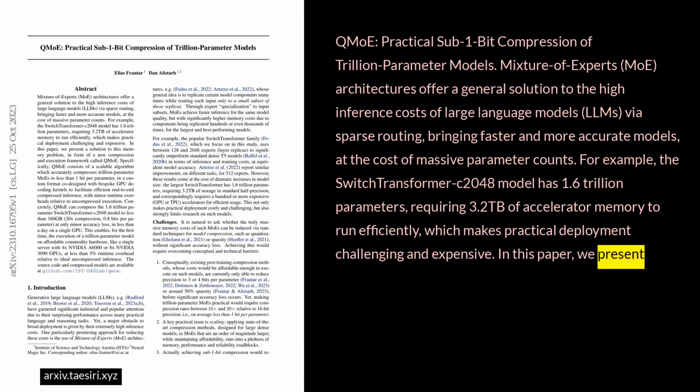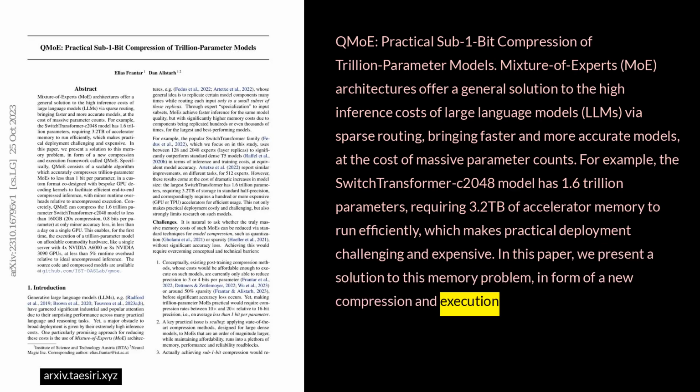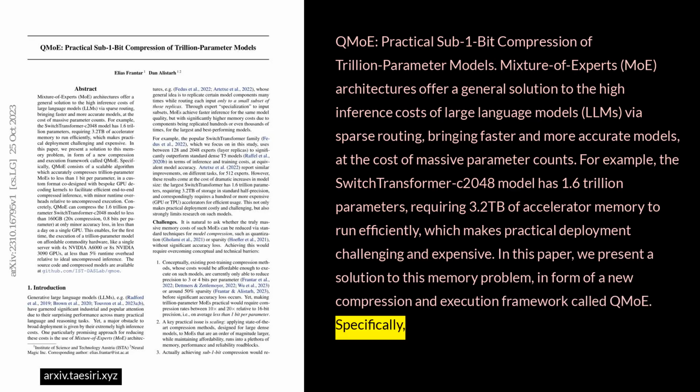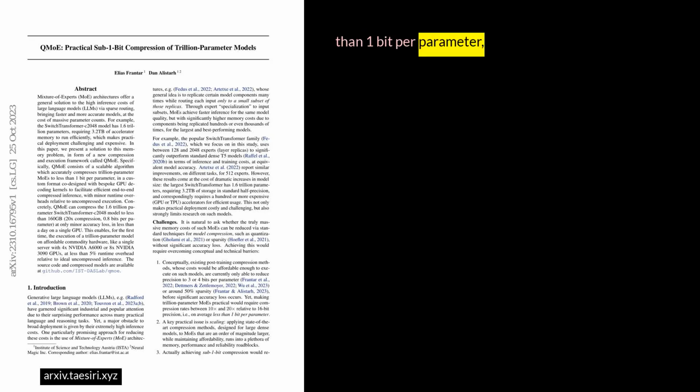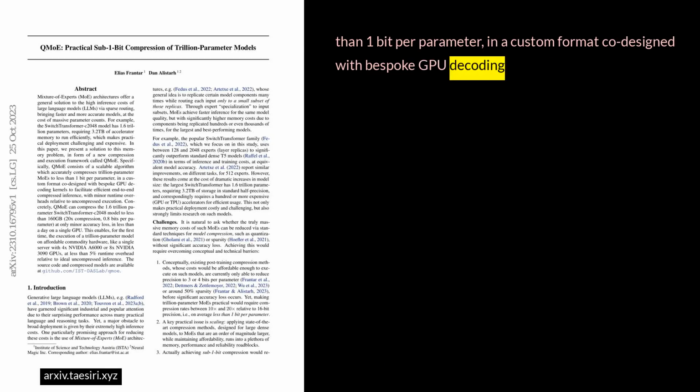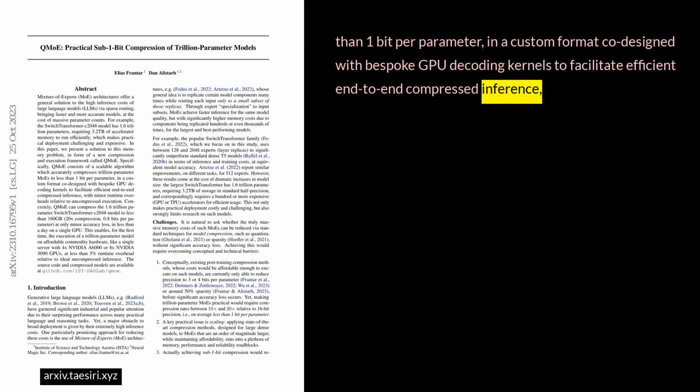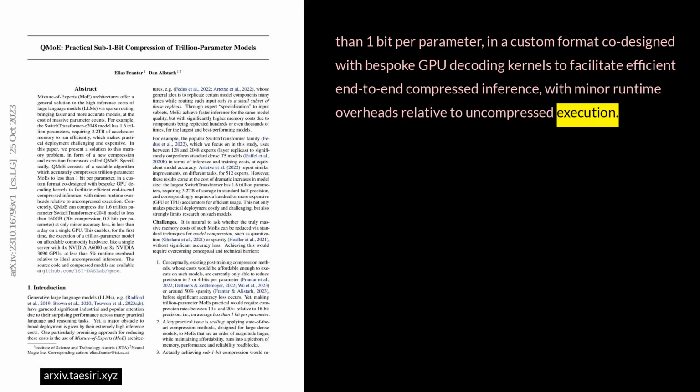In this paper, we present a solution to this memory problem in the form of a new compression and execution framework called QMoE. Specifically, QMoE consists of a scalable algorithm which accurately compresses trillion-parameter MoEs to less than 1 bit per parameter, in a custom format co-designed with bespoke GPU decoding kernels to facilitate efficient end-to-end compressed inference, with minor runtime overheads relative to uncompressed execution.